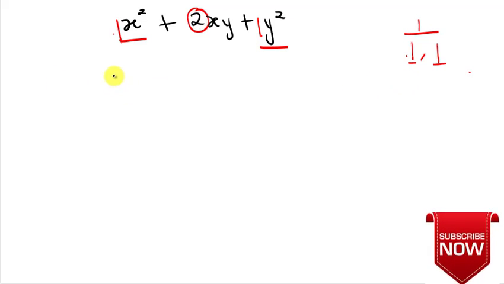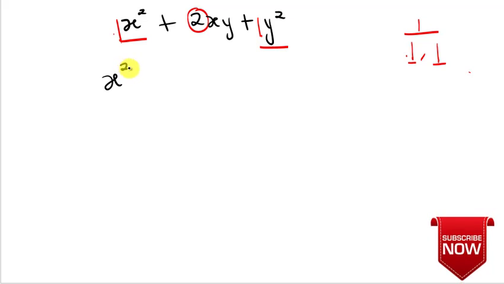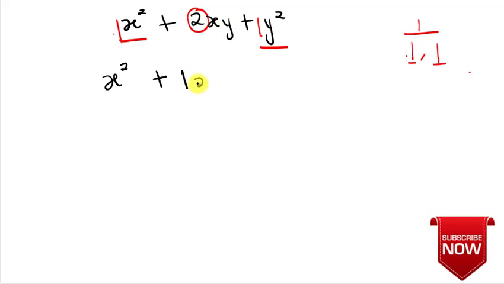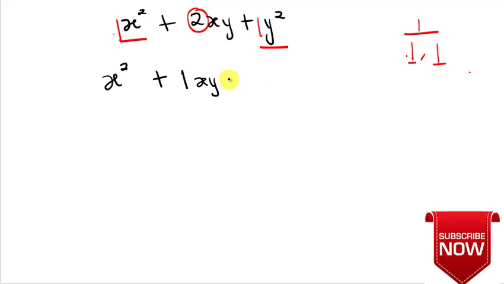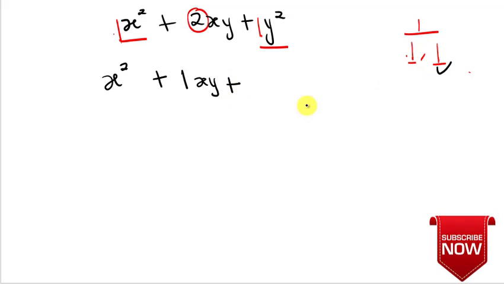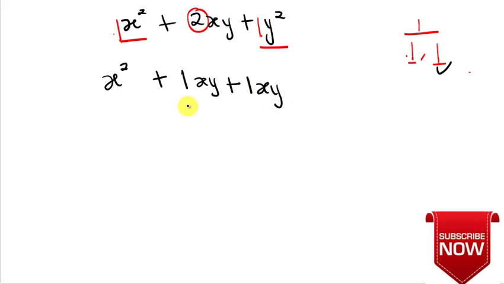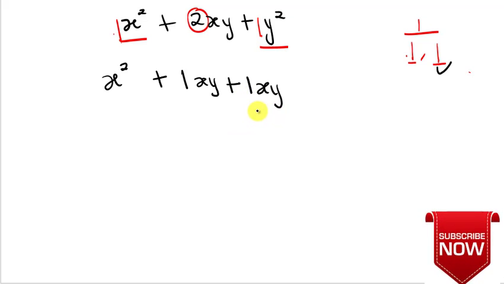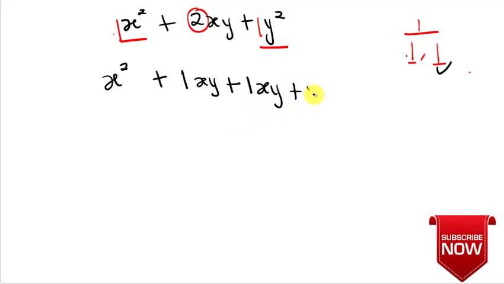Therefore, we are going to have x squared plus 1xy plus another 1xy. We can decide not to bring the 1, but I want us to bring the 1 just to know that we are making good use of the numbers here. There's no need to bring in a 1, though. So we bring our last term, that is plus y squared.